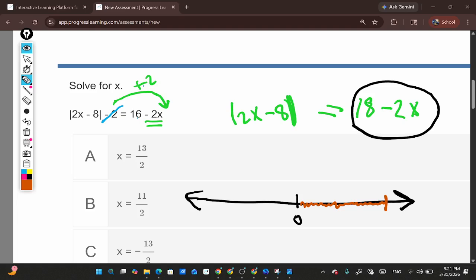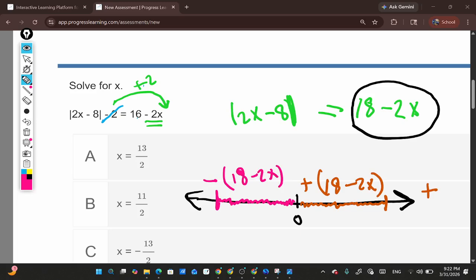We don't know what this number is, but we know that this one is positive 18 minus 2x. So we have the positive of this value in the positive direction, but at the same time we have in the opposite direction the same value, but it will be negative 18 minus 2x, exactly in the negative direction.